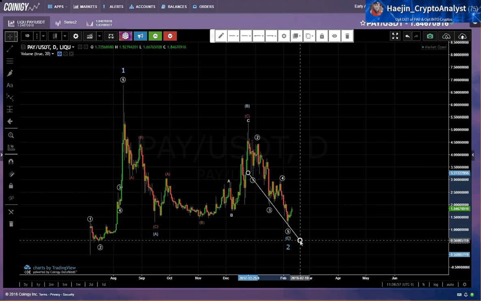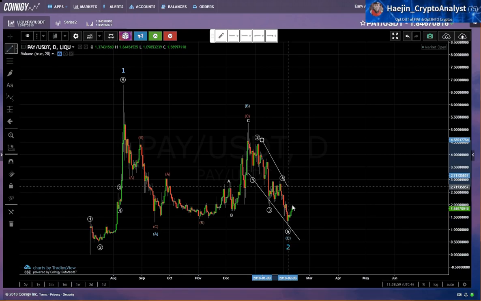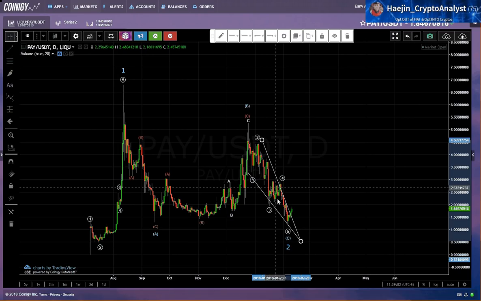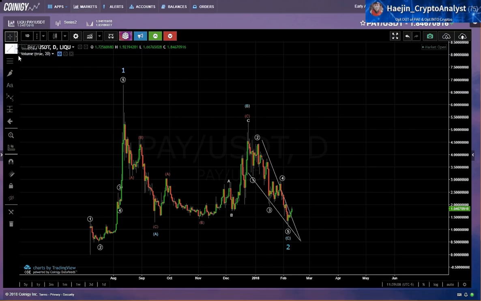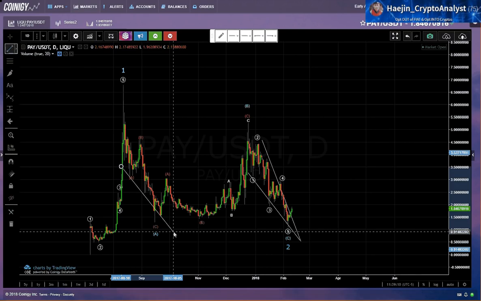I also see a bit of a breakout on a wedge pattern here too, just like it was here. Pretty much very similar in fractal.